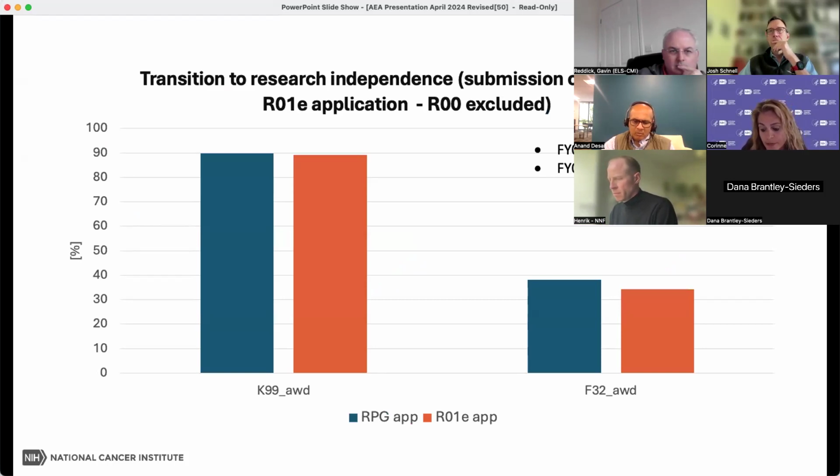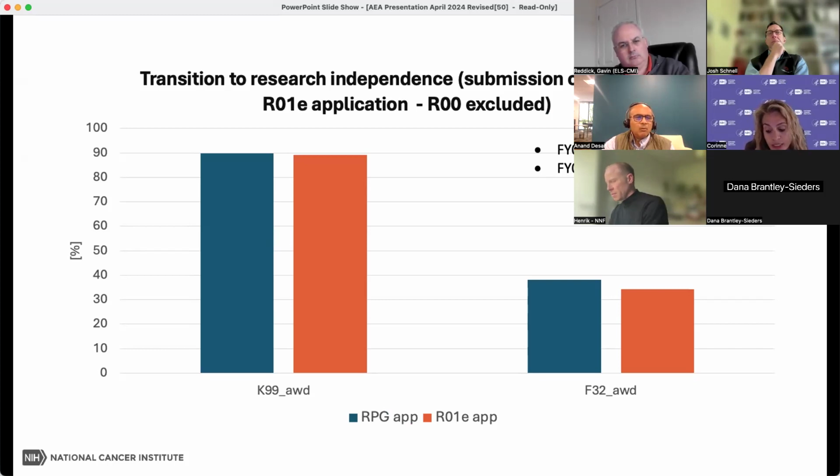Here we analyzed whether our study group, the K99 R00, and a comparison group, F32 applicants, submitted and received subsequent NIH research project grants, RPGs, or R01 equivalent, called R01 grants. The study group, our NCI K99 R00 awardees from fiscal years 2007 through 2017, were compared against F32 awardees from 2005 to 2015.